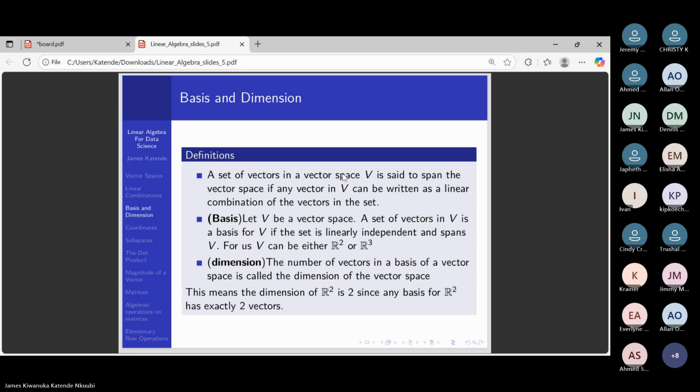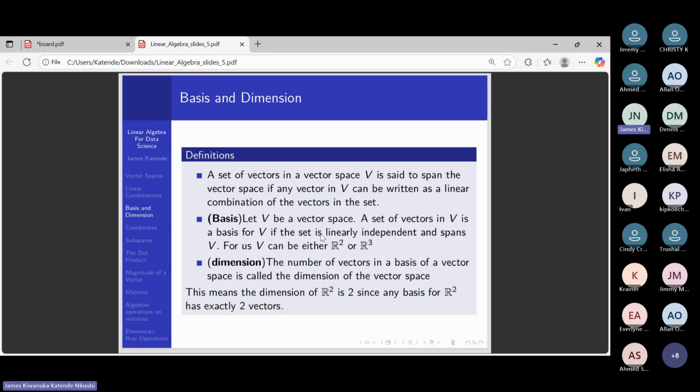So now we will also define what a basis is. If you have a vector space, and when we say vector space, in our case, we shall mean Rn, Euclidean n-space, any set of vectors in V is a basis for V if it satisfies two conditions.